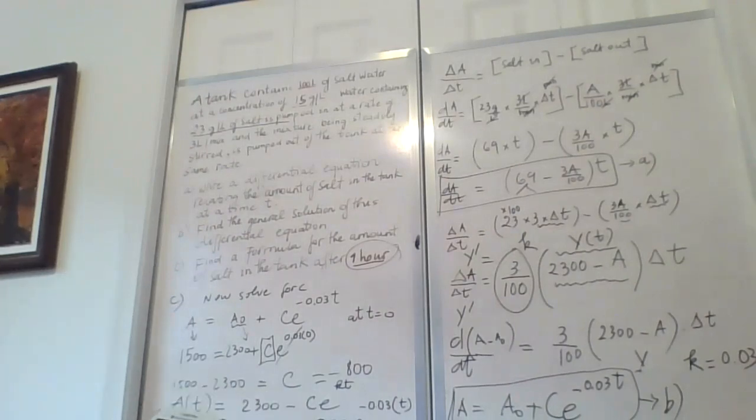So let's do 233 minus 800 power. Okay, so we get 2,000.